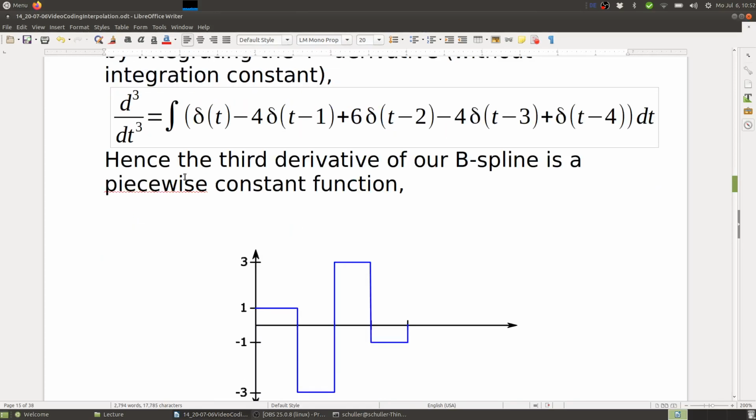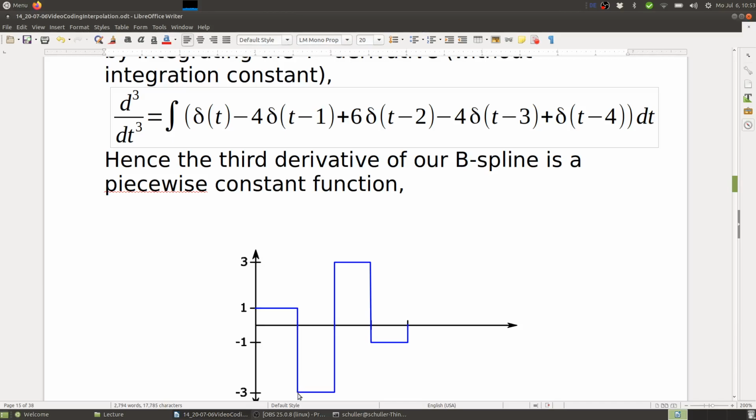So here, as a result, we get this piecewise constant function. So when we do the integration, we pass over the first Dirac. This gives us an area of 1, so it stays 1 until we hit the next Dirac. This next Dirac has the area of -4, so we add it to it.